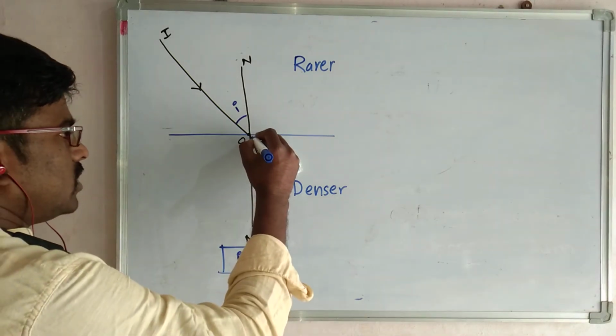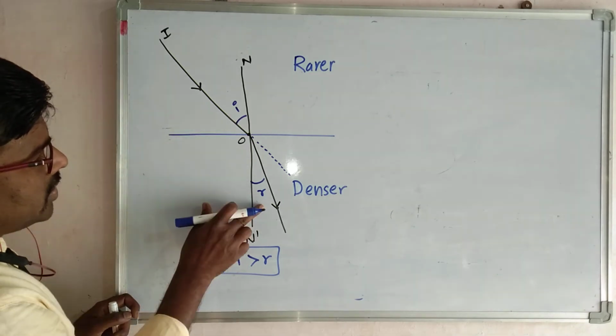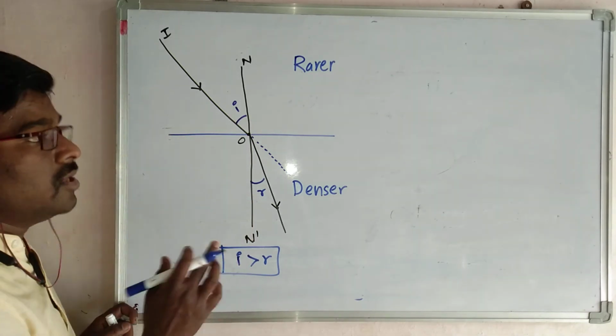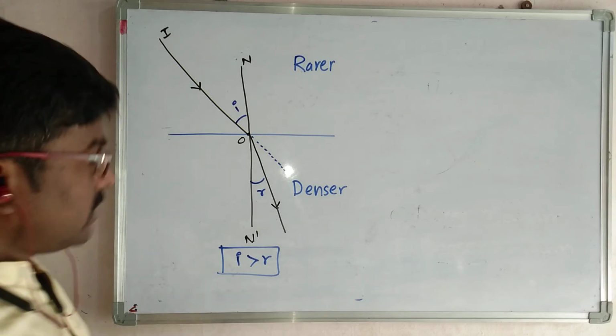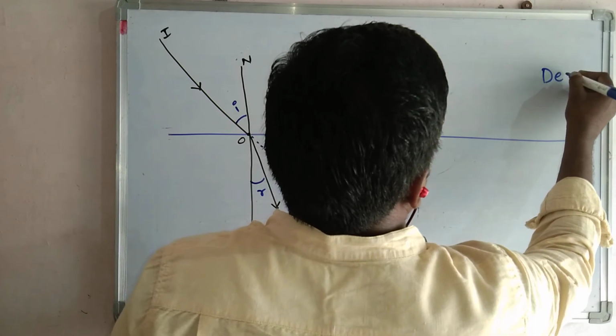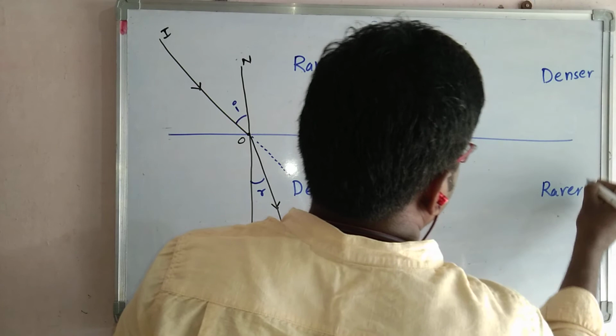Why? Because actually the light ray has to move in this particular path. But see here, if you observe I and R, I is greater than the R. Clear?